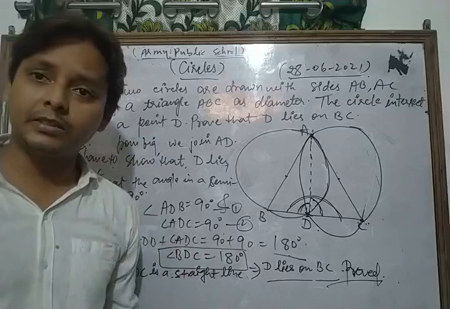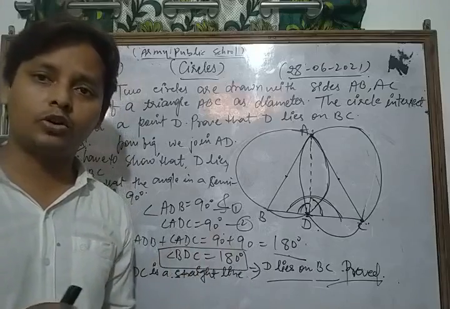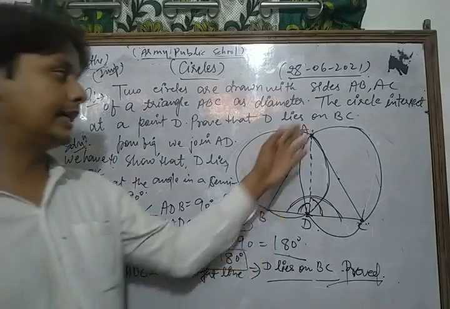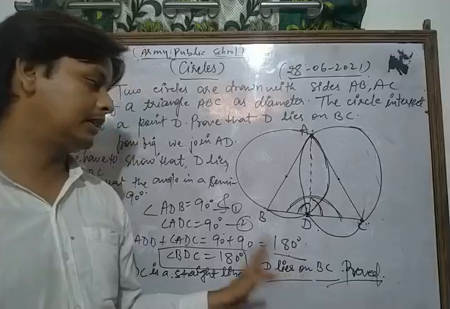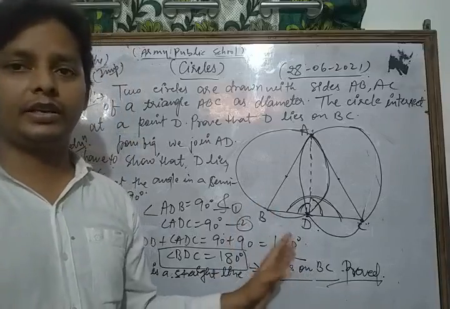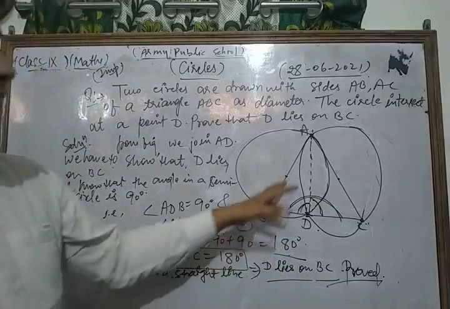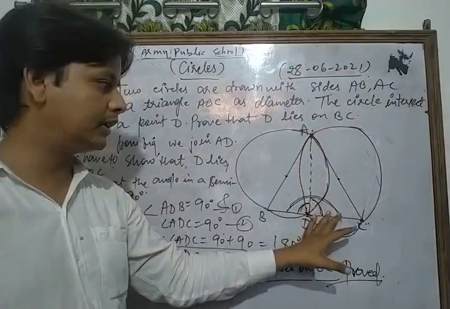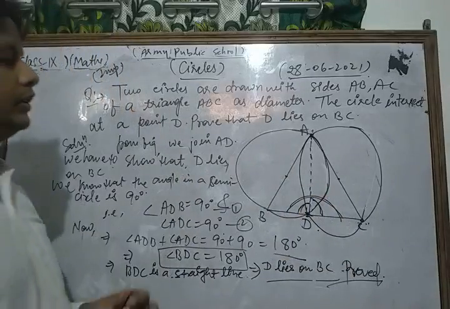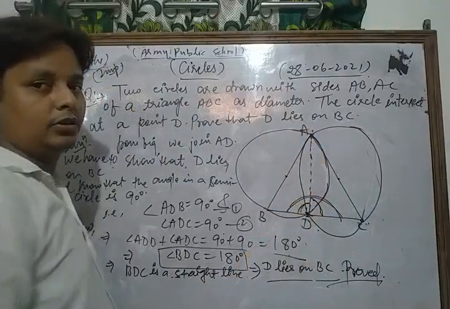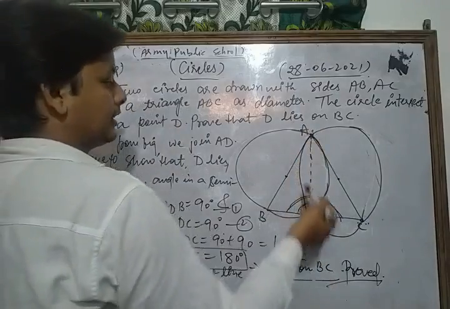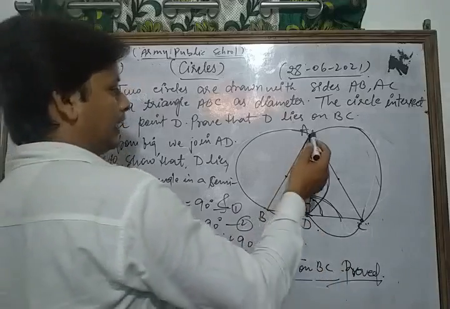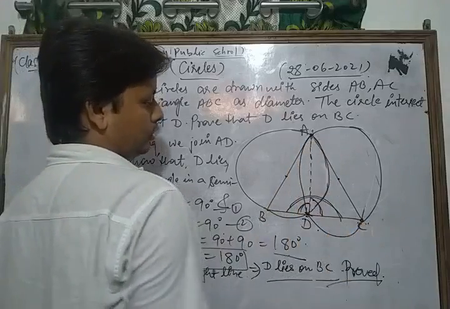We already discussed all the theorems related to that topic, like the segment theorem, and also the angle in a semicircle being a right angle. So this is a very important question. Let's see once more. According to the question, first of all we draw the figure. After that we join AD, and we know the very important relation that the angle in a semicircle is a right angle. So here we apply that concept. So angle ADB and angle ADC are each equal to 90 degrees.